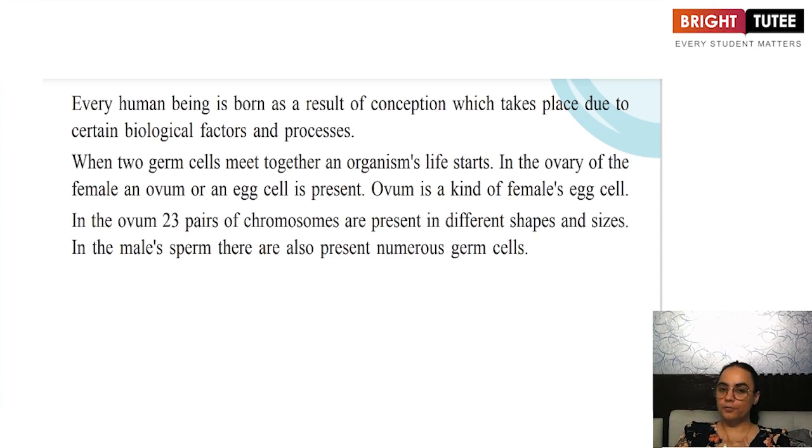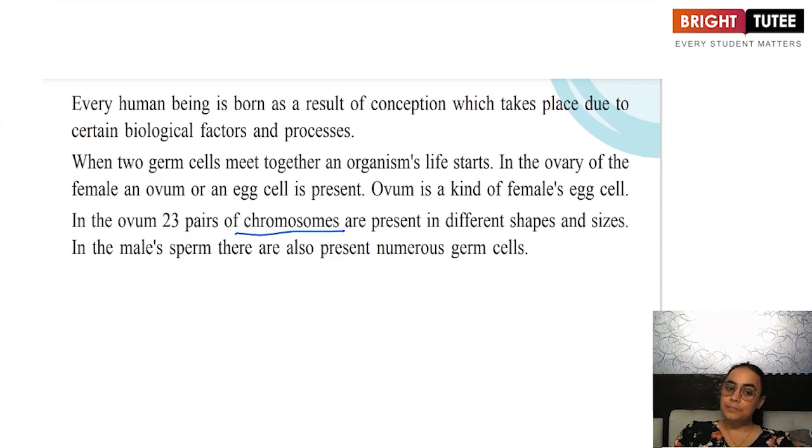The ovum has 23 pairs of chromosomes. Alright? So inside the human female egg, there are 23 pairs of chromosomes, which are present in different shapes and different sizes.